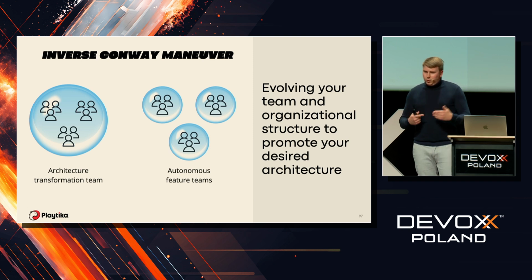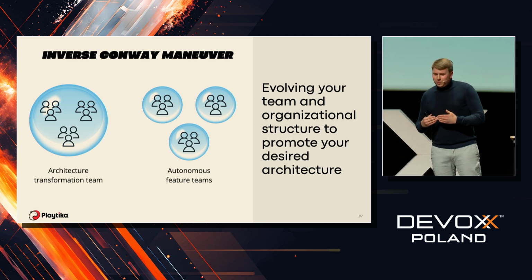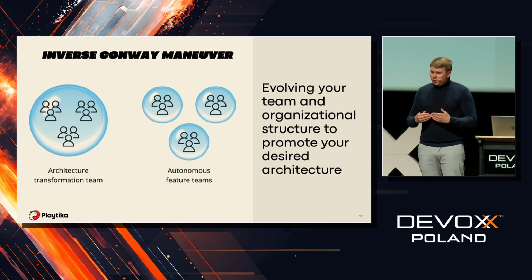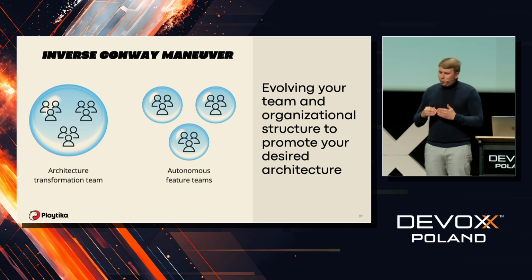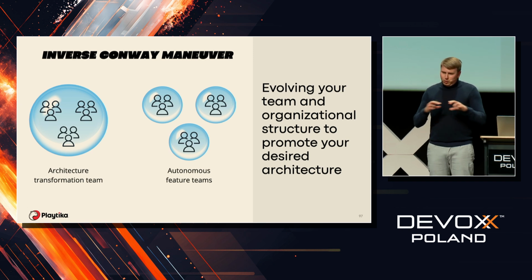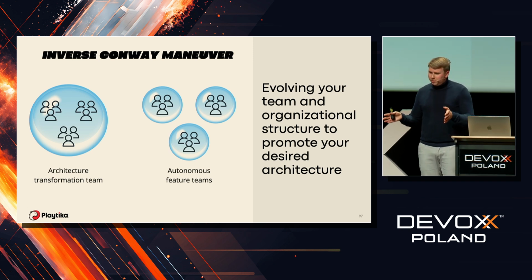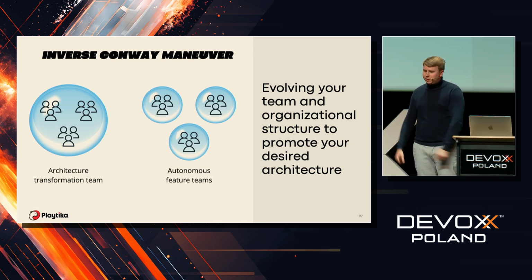So we decided to apply some management principles to the architecture. It is called the inverse Conway maneuver. So we evolved the organizational structure to promote the desired architecture, because for those generic components, there should be some ownership of them. And it could not be done by these autonomous feature teams because they are focused on solving the business problem.